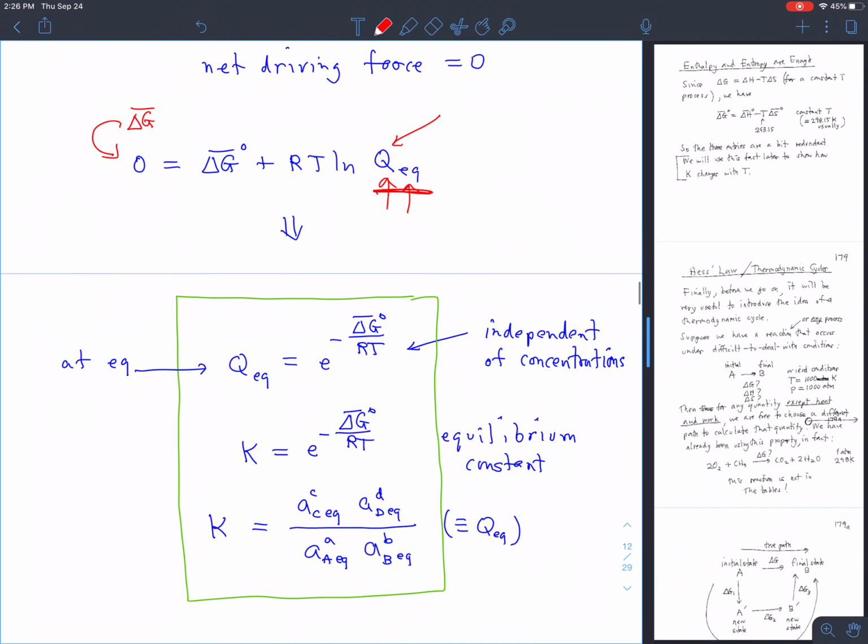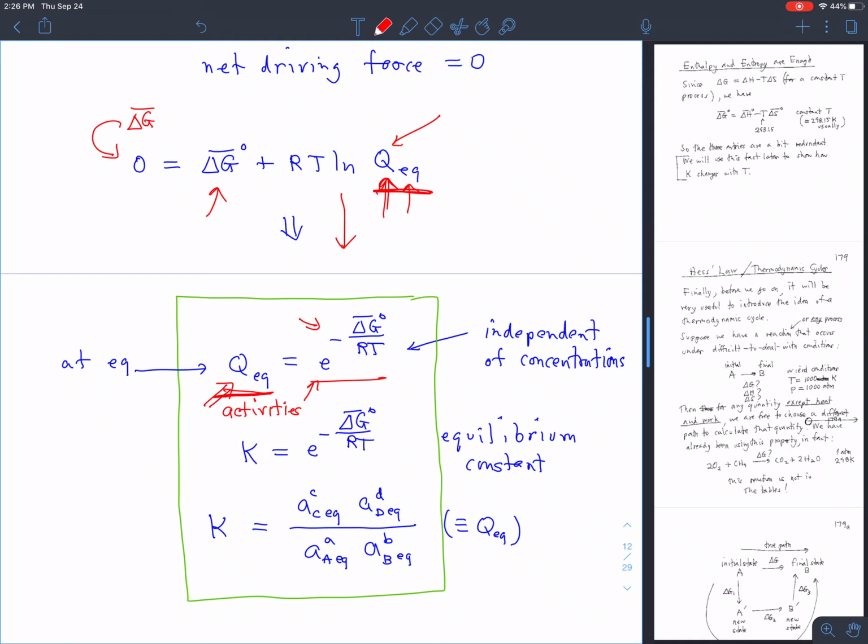And now if I just solve this equation for Q_eq, I get that the reaction quotient at equilibrium is equal to e to the delta G0 over RT. This thing on this side depends on concentrations, or really on activities, right?